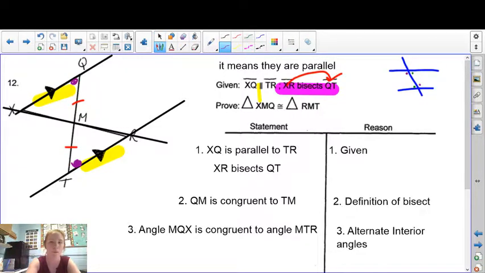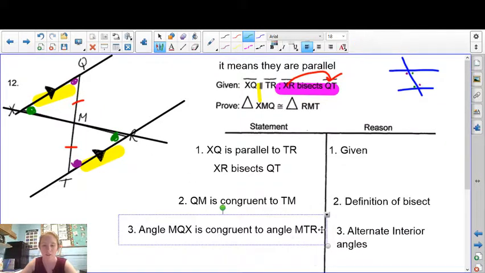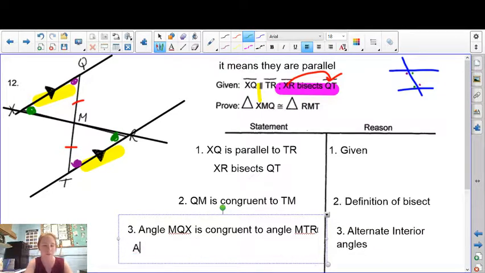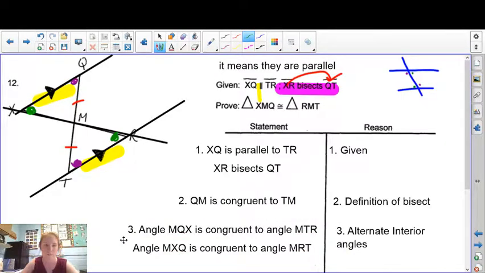So according to my picture, I should be able to say that this spot is congruent to this spot by that same definition. So step 3 isn't just that, it's also angle, we'll keep it consistent, MXQ is congruent to angle MRT. Again, still by the same properties.